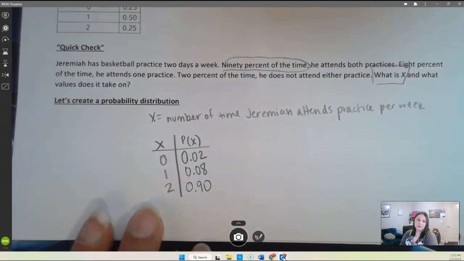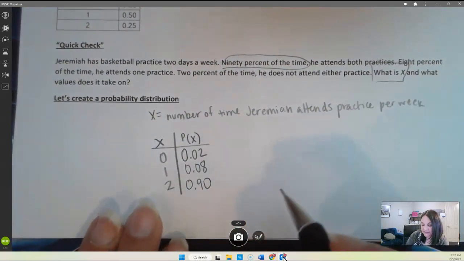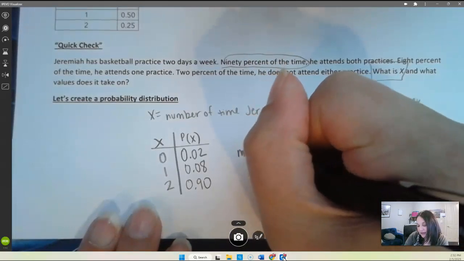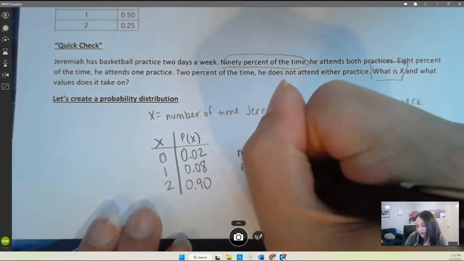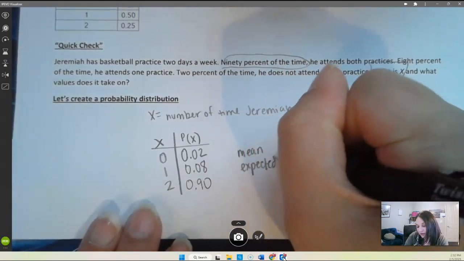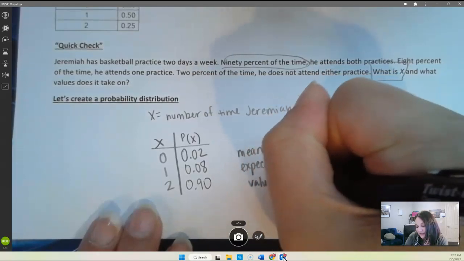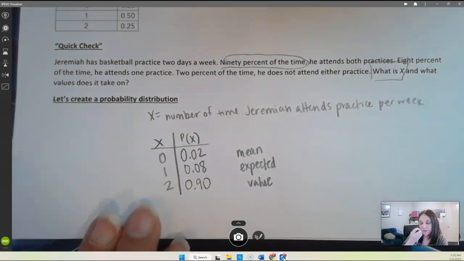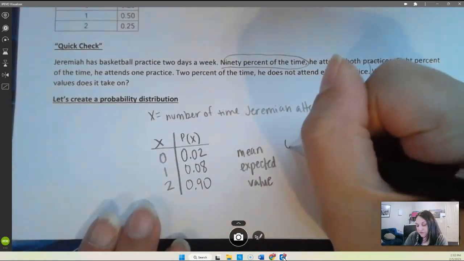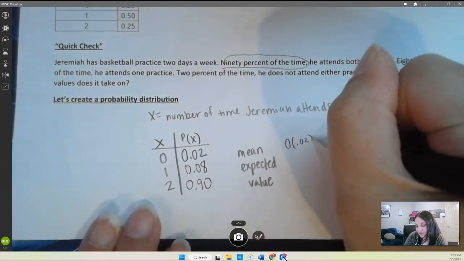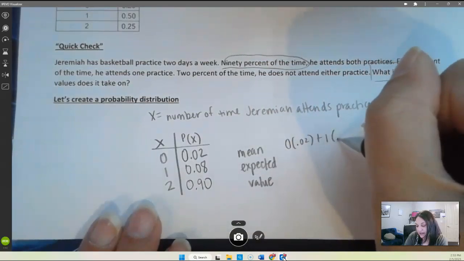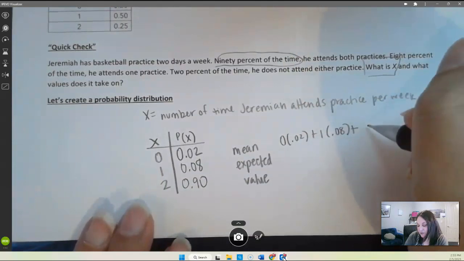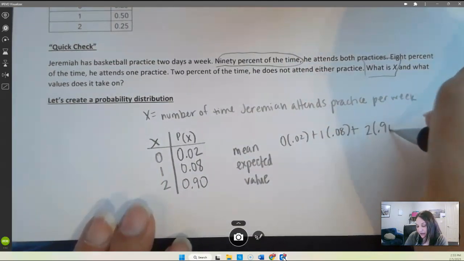And so the mean of this is what you saw in the last video. To calculate the mean or the expected value, what you're doing is basically like a weighted average that you saw in chapter 3: 0 times 0.02, add that to 1 times 0.08, and then add that to 2 times 0.90.